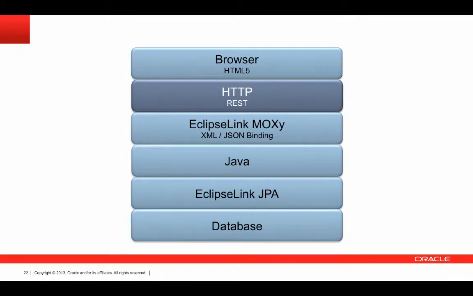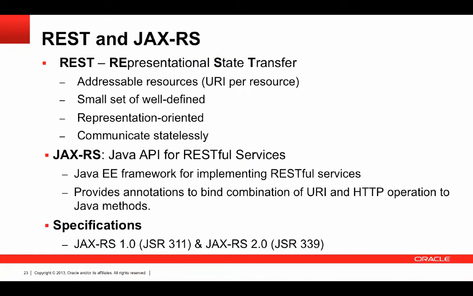So the next part of the stack we're going to look at is the REST layer, for how we expose our resources to the client over a nice clean REST API. REST, which stands for Representational State Transfer, gives us an addressable set of resources.